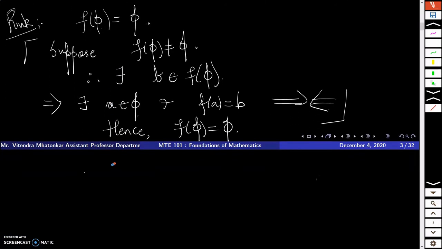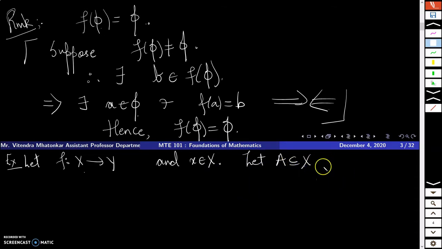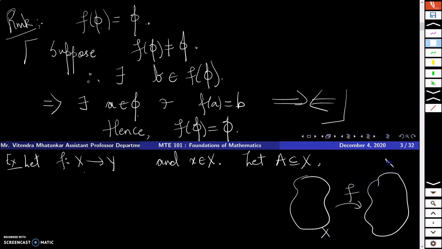Next, supposing f is a function from some set X to some set Y, and I'll pick up a point x in the set capital X. Supposing I have a subset A of X. Now, because x belongs to the set capital X, f of x will be inside the set Y. So I have the set X here, and f maps X to the set Y, and A is a subset here.